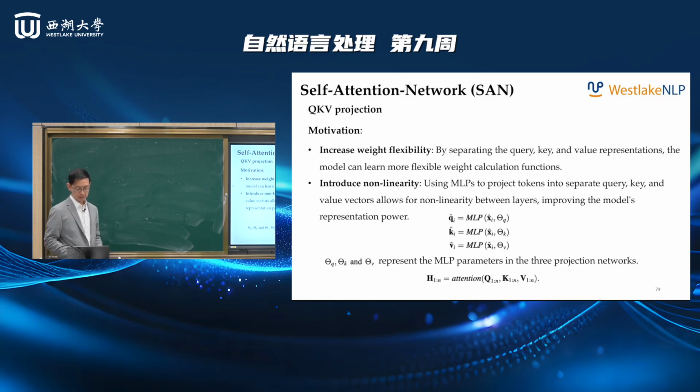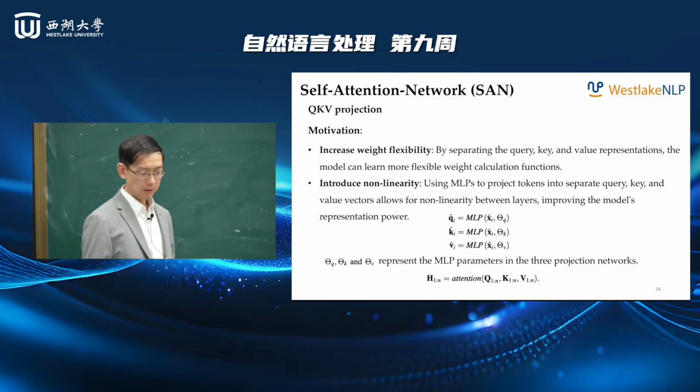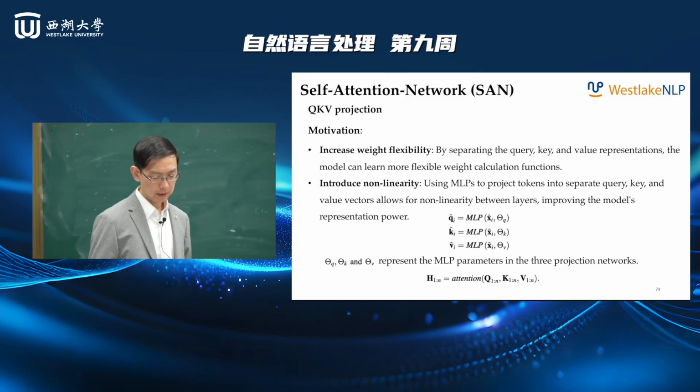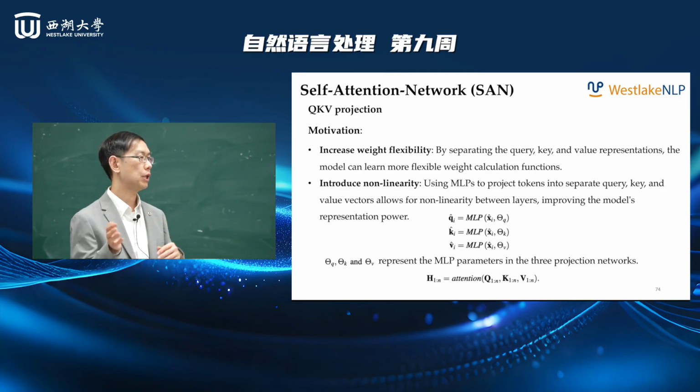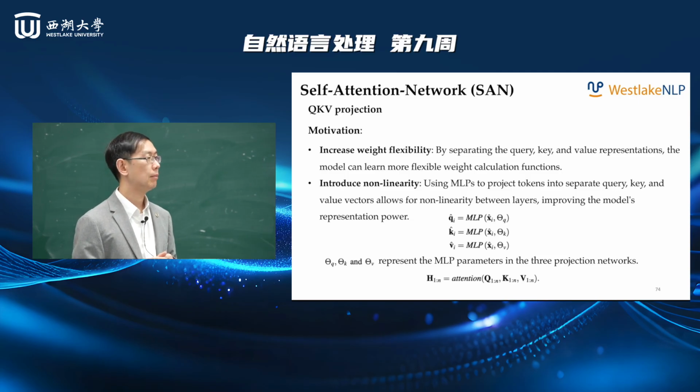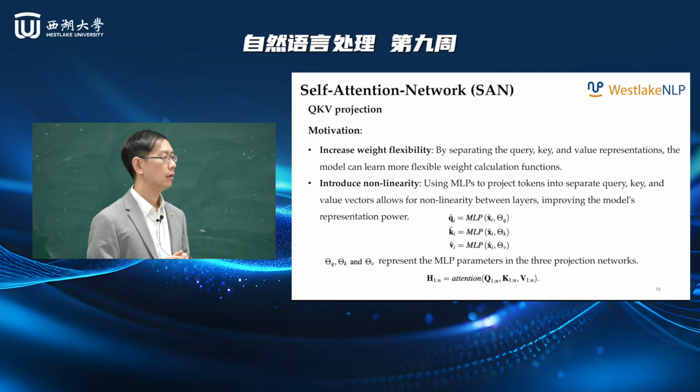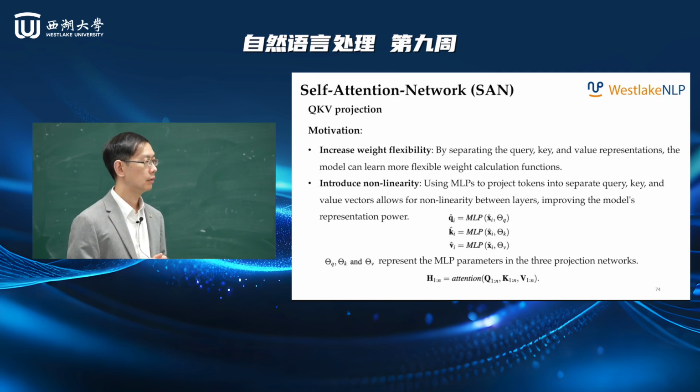That can be written in this equation. So I have a Qi for query, Ki for key, Vi for value by 3 different projections. And in each projection, I have the position embedding as my input component.